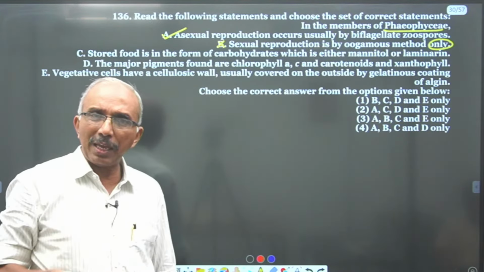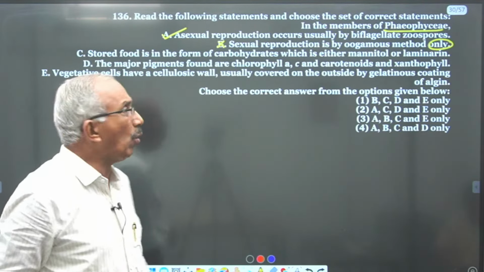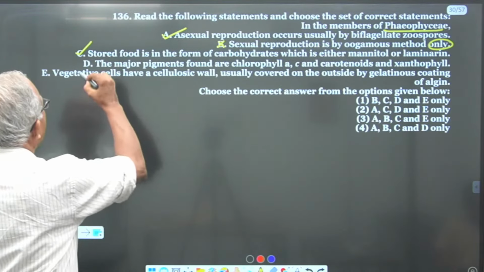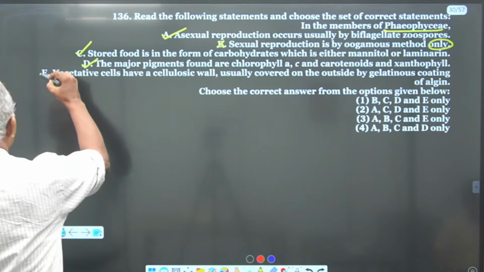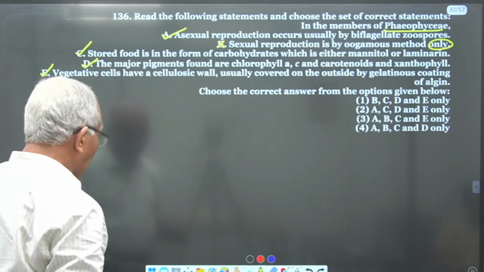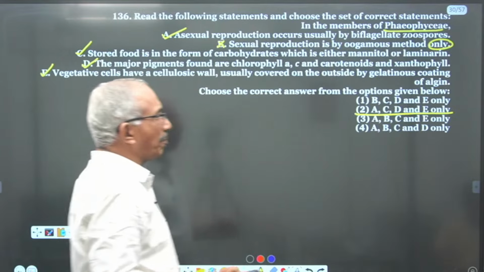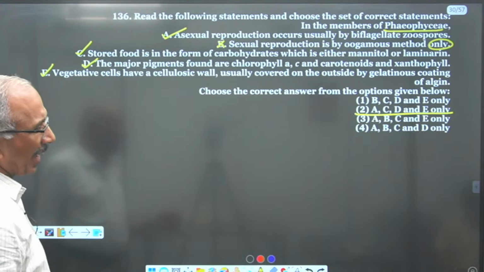It may be isogamy, anisogamy, or oogamy. Statement C is correct. Statement D is correct. Statement E is also correct. Answer is option 2, except B. A, C, D are correct.